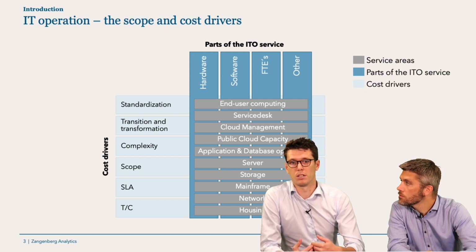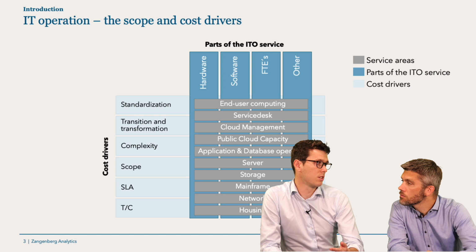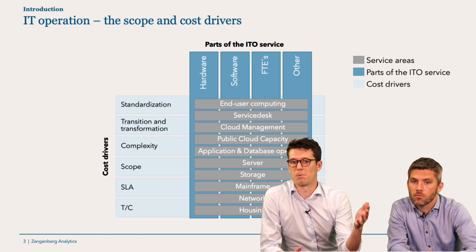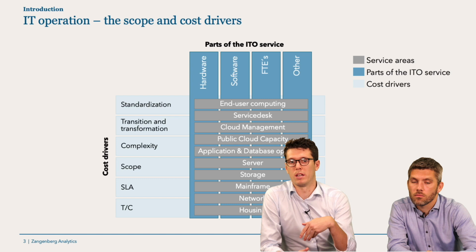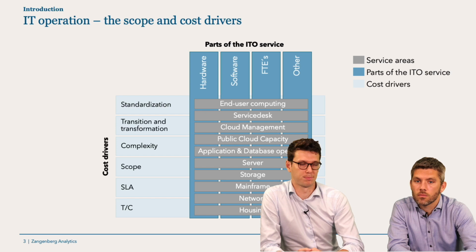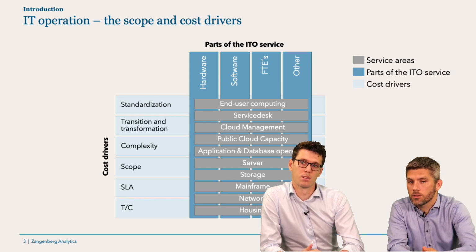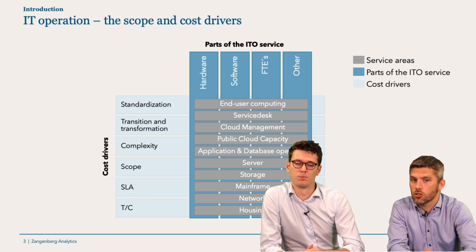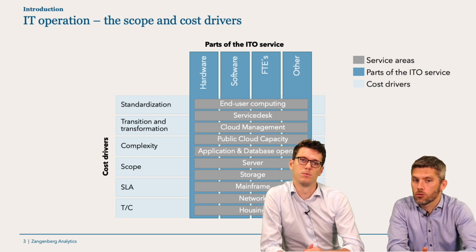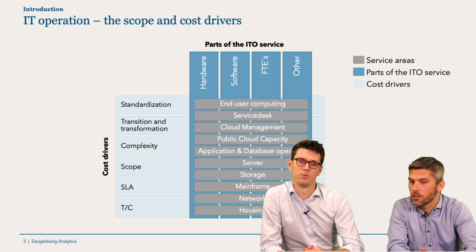And we will get deeper into much of this later, but this is what we are talking about when we are talking about ITO, and these in the gray boxes, these are the service areas which we are talking about today. Yeah, and the variations within all of these cost drivers and the parts of the ITO service is basically what we'll be focusing on in different examples.